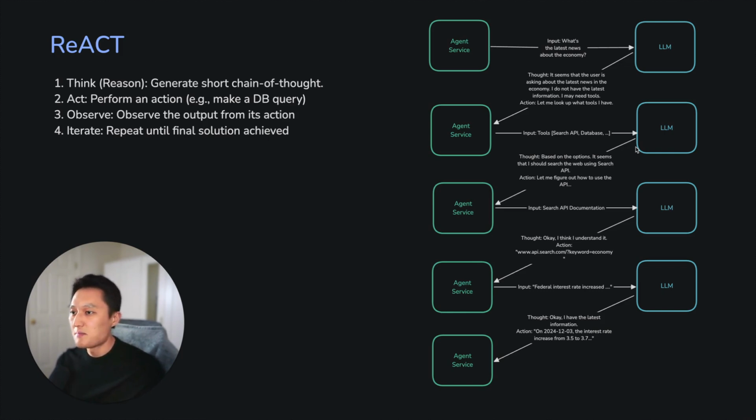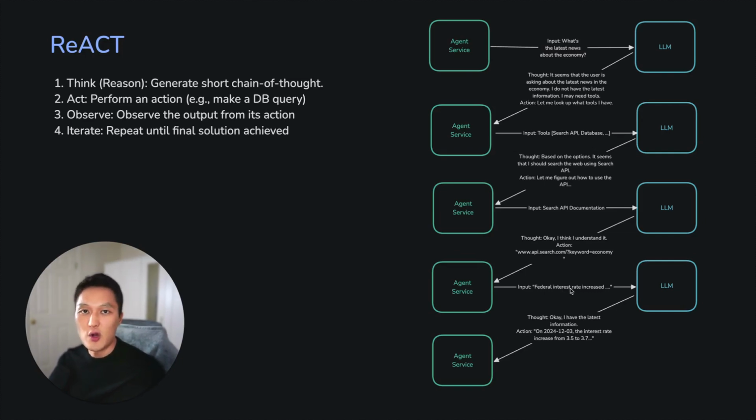So it performs an action to get more information about how to use the search API. The agent service will go ahead and send some additional documentation about this API. Then the LLM, after reading this information, will interpret how to actually generate a valid API call in order to get the information that it needs. So it gets the following information, which is about, let's just say, the federal interest rate.